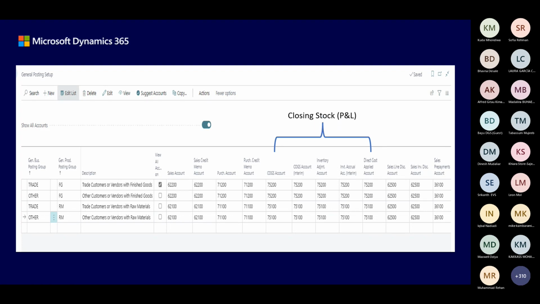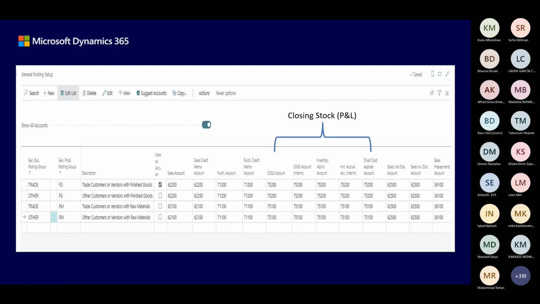When you debit or credit the balance sheet, the opposite side has to go to a closing stock account in the P&L. You'll notice I have put it to the same accounts, because for accountants, closing stock is closing stock. I don't have to put it to different accounts. However, you can if you want.